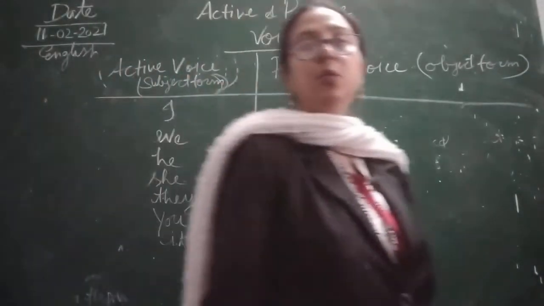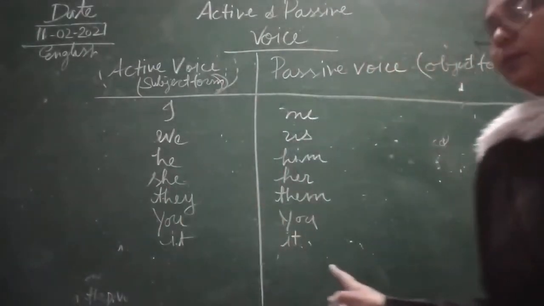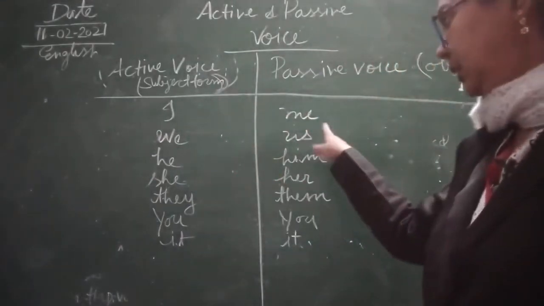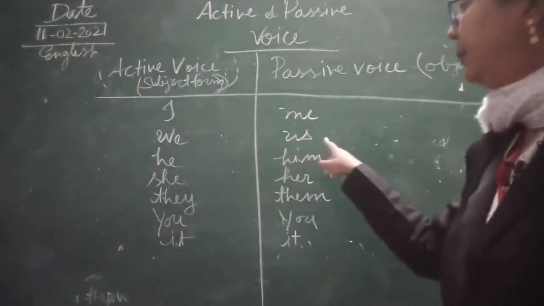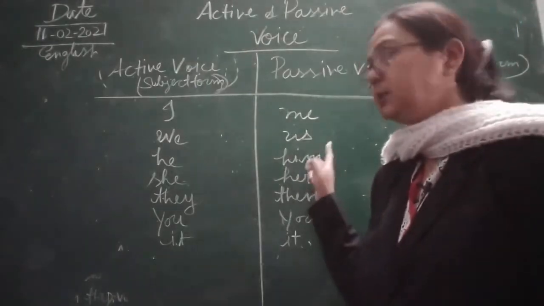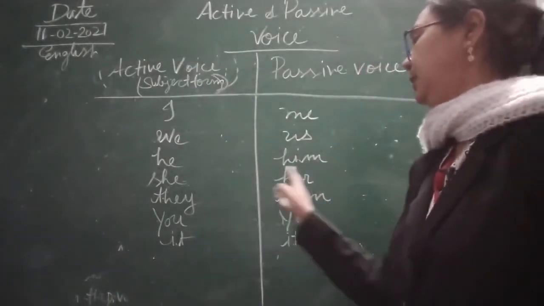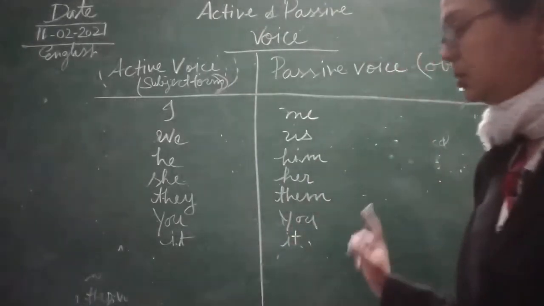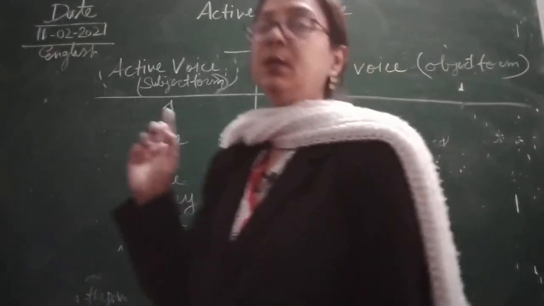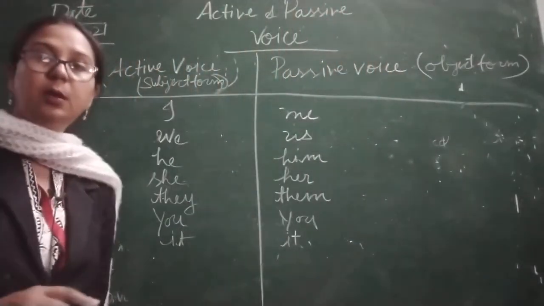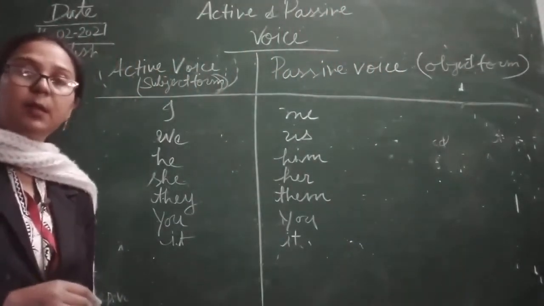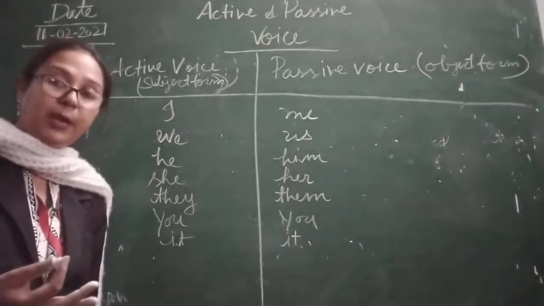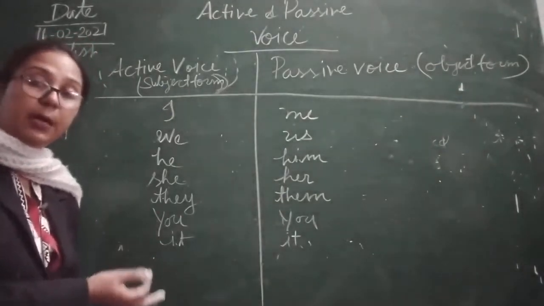These changes we will do while making active to passive voice. In place of I, we will use me. In place of we, we will use us. He becomes him, she becomes her, they becomes them, you remains you, and it remains it. So this table you must learn, because while converting active to passive voice, you find difficulty. That is why you should learn it.